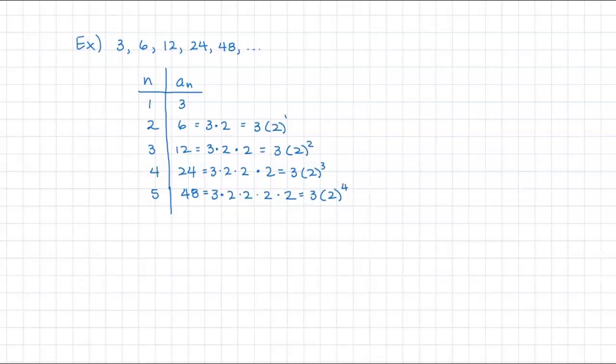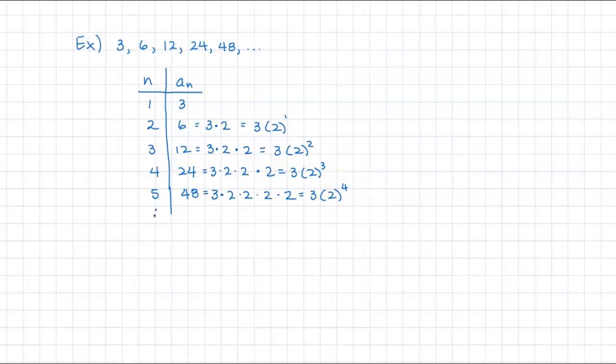And if you take a look, the power that we're using with the base is always 1 less than the term number. The second term, we only multiplied by 1 two. The third term, we multiplied by 2 of them. The fourth term, we multiplied by 3 twos. The fifth term, we multiplied by 4.